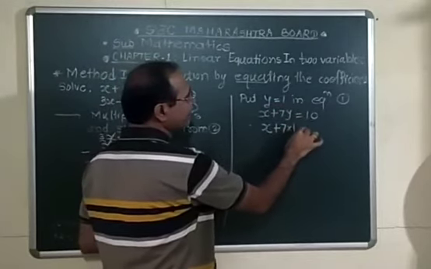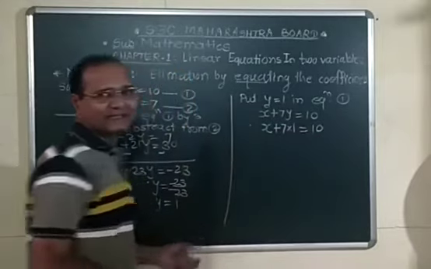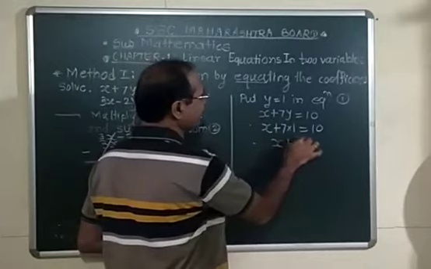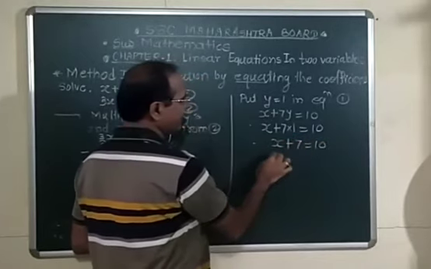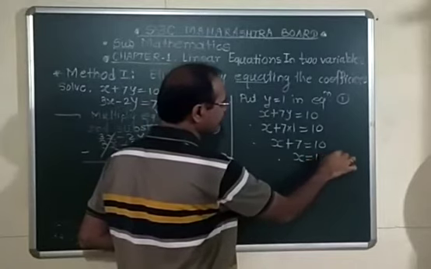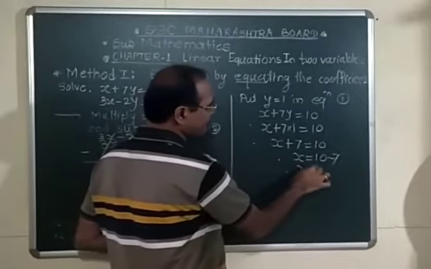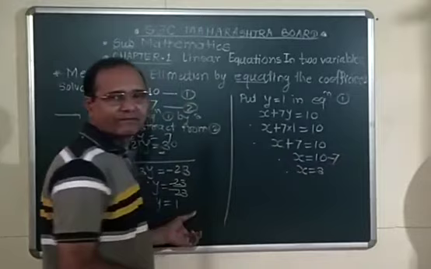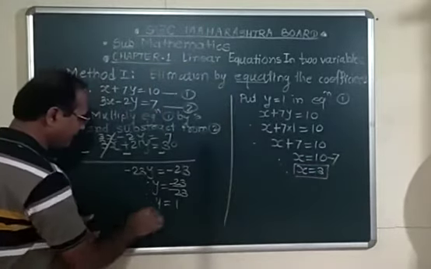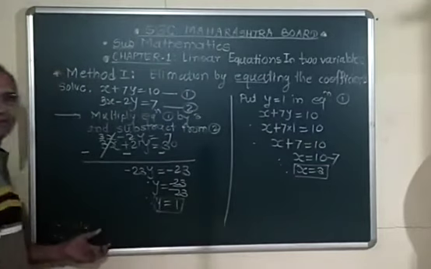So I write 7 into 1, equal to 10. Now here x plus 7 is equal to 10, and therefore carry that 7 to the right. You have 10 minus 7. Doing the subtraction, 10 minus 7 is 3. So in this way, the value of variable x is 3, and the value of variable y is 1.